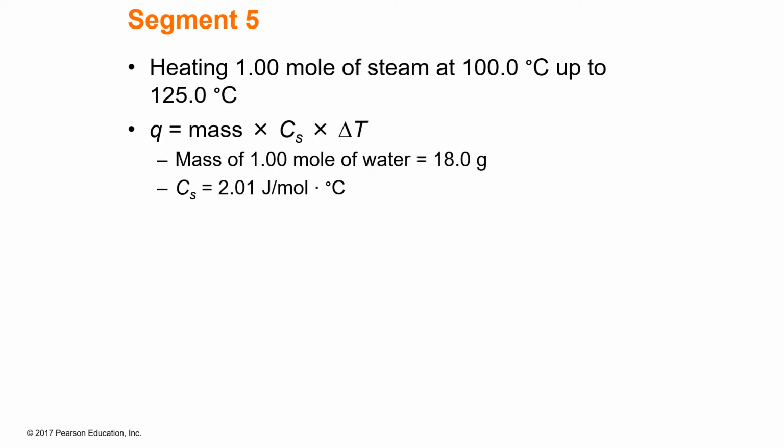Step 5. Now we are heating our steam, so our vapor, from 100 degrees Celsius up to 125 degrees Celsius. We are changing our temperature again, so we're using the mass times specific heat times change in temperature. So our mass, we're still looking at that same 1 mole of water, so 18 grams times the specific heat of our steam, joules per gram degrees Celsius.